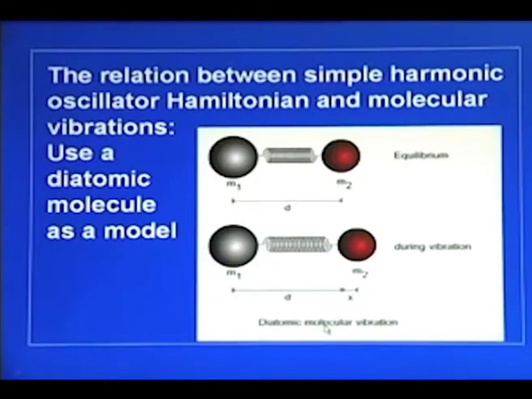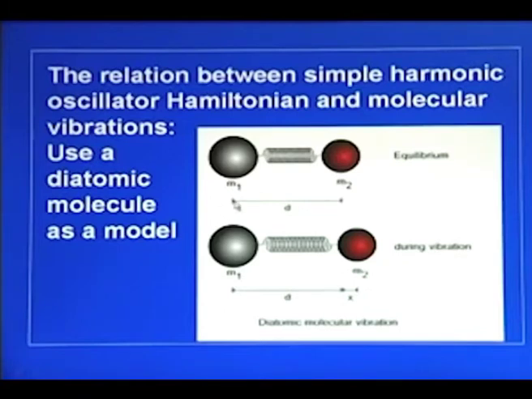Okay. What is the relation now between this and the molecule's vibration that I've been talking about? Now think about a diatomic molecule as two atoms with mass m1 and m2 connected to each other by a bond which you can imagine to be a spring. If the molecule doesn't vibrate, it has no vibrational energy, and you call this the equilibrium position of the molecule.